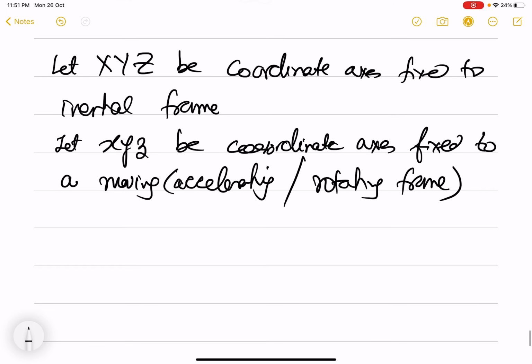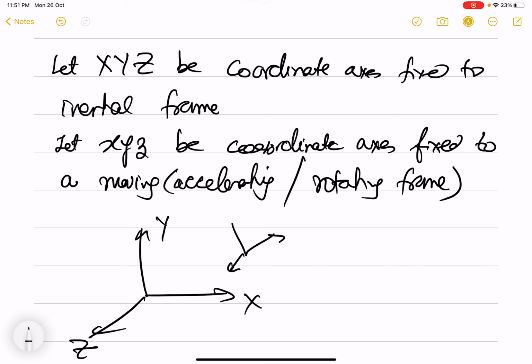So if you recall, this is capital X, Y, Z, and this is a moving frame, small x, y, z.